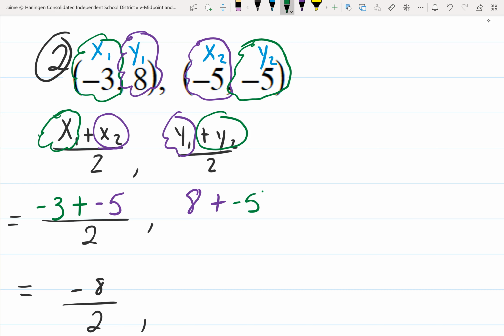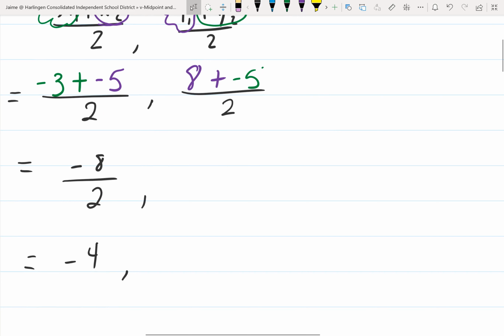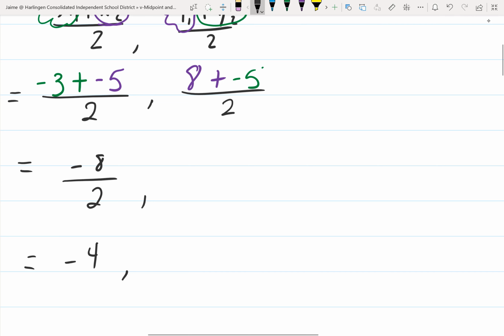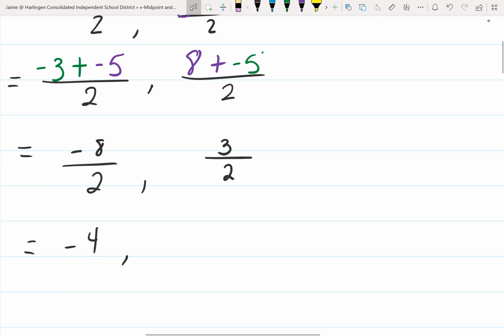And then don't forget to put divided by 2 because that is the formula. 8 plus a negative 5 is 3. Divide that by 2. Can you divide 3 and 2? No. So leave it as 3 over 2. There you go. That is the midpoint.